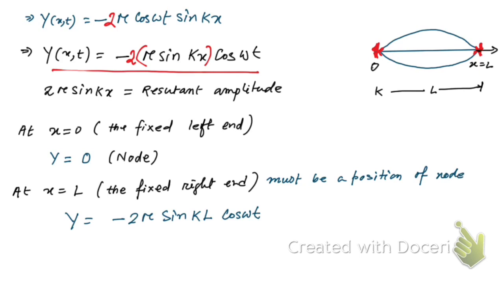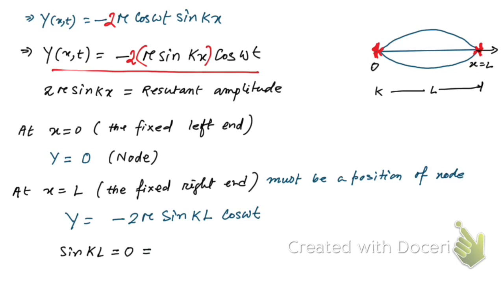So this displacement must be equal to 0, and it will be possible when this amplitude becomes equal to 0. That means sine KL must be equal to 0.